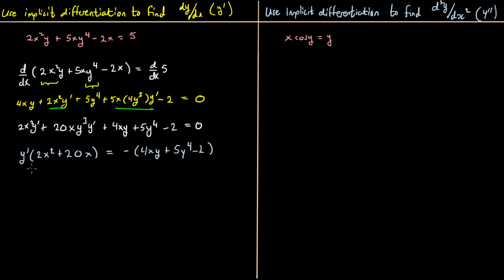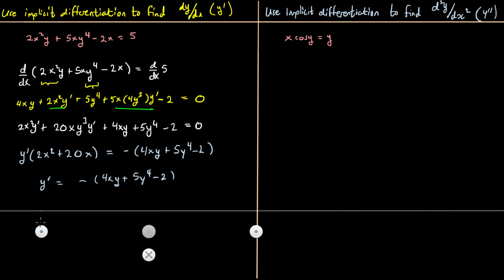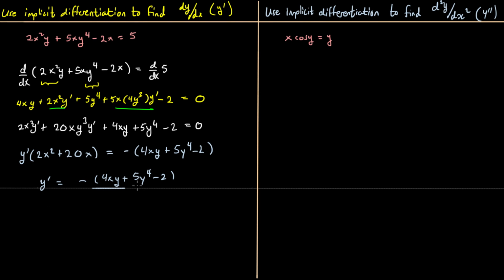And then we simply divide through by 2x squared plus 20xy cubed to get y prime is equal to minus 4xy plus 5y to the power 4 minus 2, all of this divided by 2x squared plus 20xy cubed.